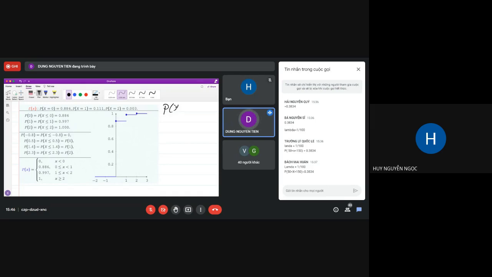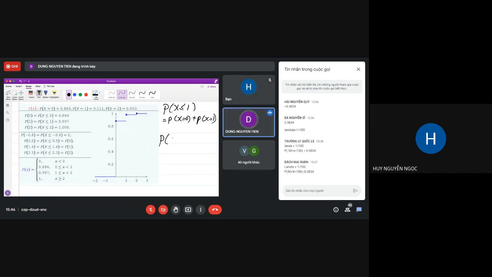What is the probability that x is less than or equal to 1? What is that? It is the probability that x is 0 plus the probability that x is 1, right? Yes.